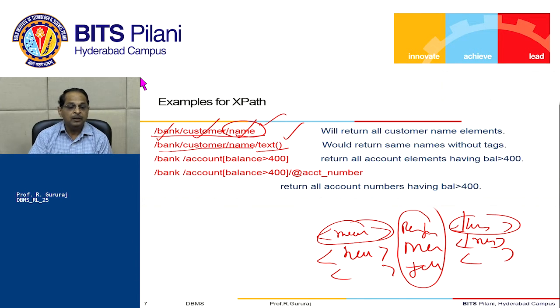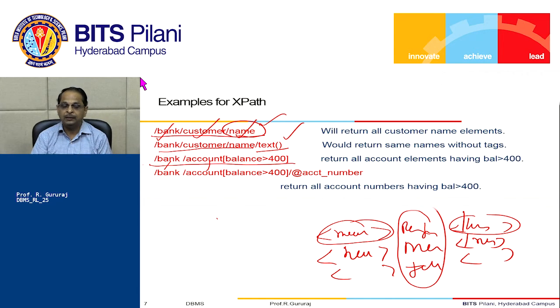And if I wanted to get the account elements where the balance of the account is greater than $400 or rupees, then I can use this kind of syntax. Here, under the root, I have the bank element. Under the bank, I have account elements. I wanted to display account elements, but I don't need all account elements.